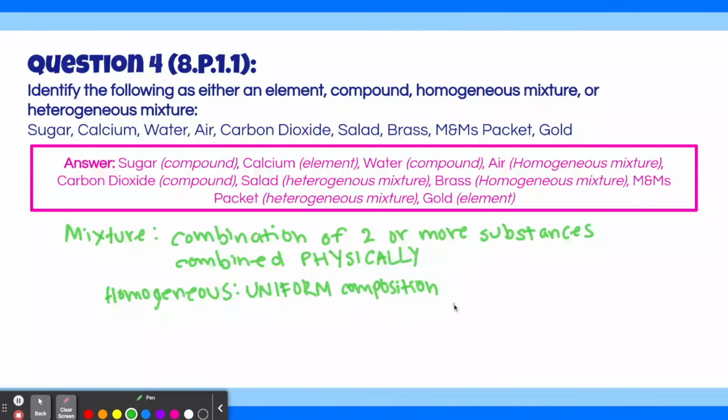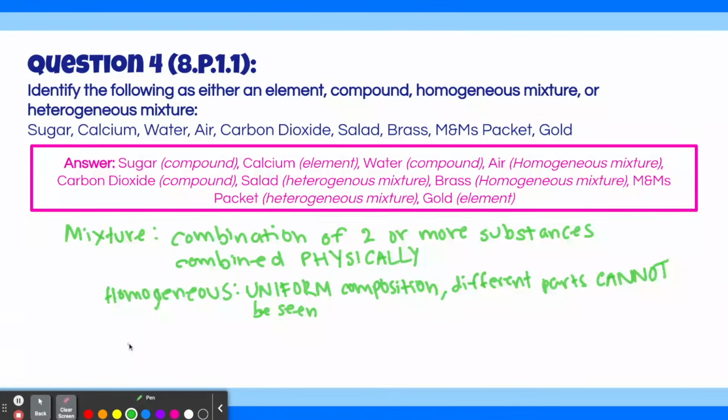So, no matter what sample you take of the same homogeneous mixture, it'll always have the same ratio of the substances in it. A homogeneous mixture also has specific properties as a whole. The different parts cannot be seen.